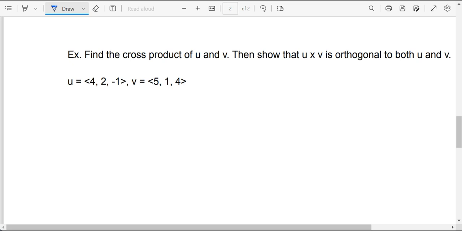All right, so let's find the cross product of U and V. Now, it would have been a little helpful if we talked about matrices before, but it's okay. We'll go through it anyways. So how I'm going to write this: i, j, k, the cross product of U cross V, so I'm going to put 4, 2, and negative 1. Also, I'm going to make this point before I move any further.